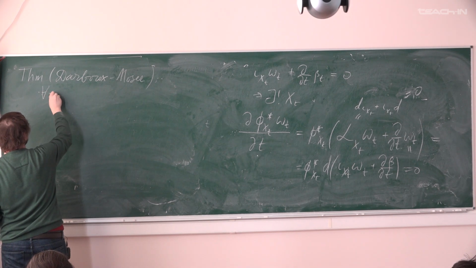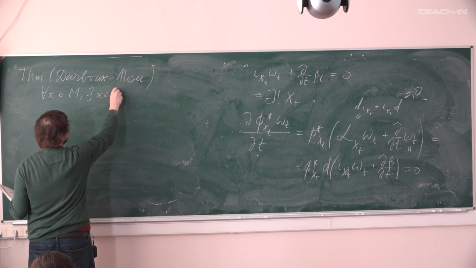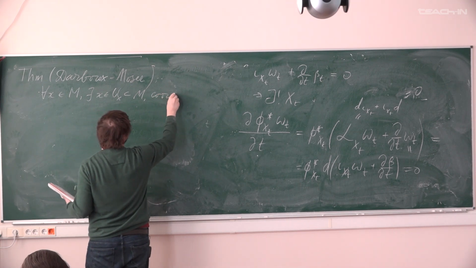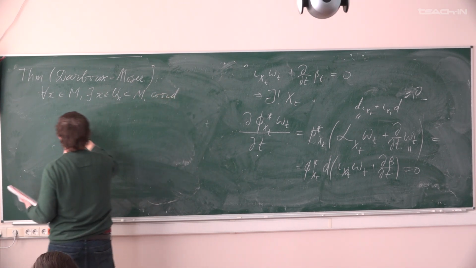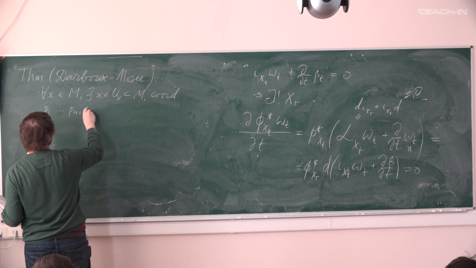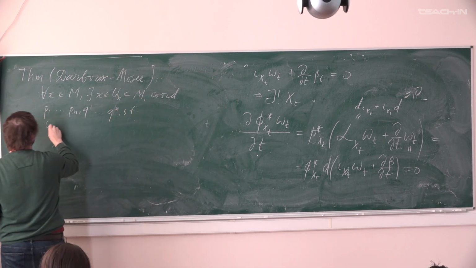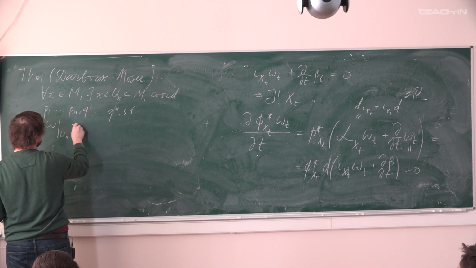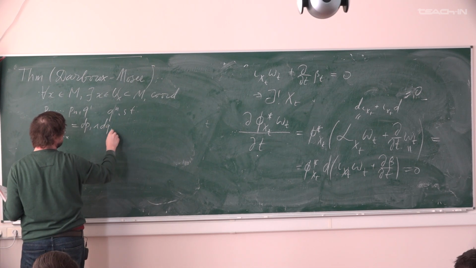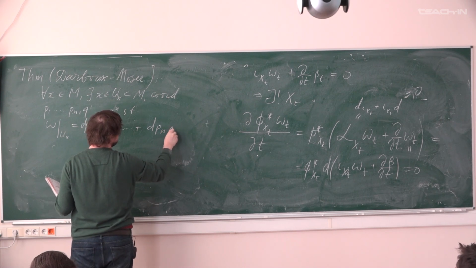So for every point x in M there exists an open neighborhood of this point in M, and coordinates p1, q1, ..., pn, qn such that ω in these coordinates will be equal to dp1 wedge dq1 and so on plus dpn wedge dqn.